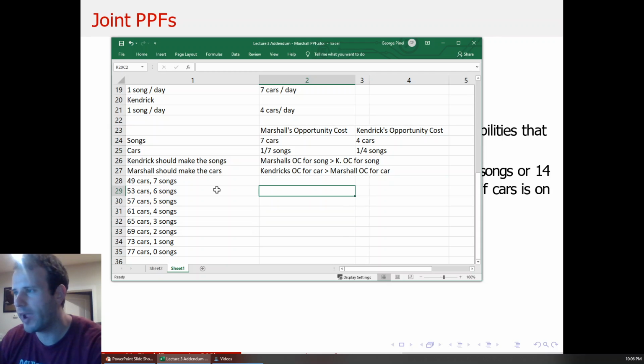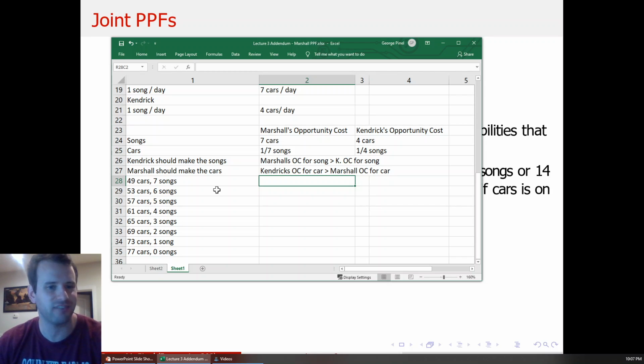Because we could take away some cars and have Marshall do some songs. For example, if they had a deadline where they needed to make 10 songs, and the rest of the time they could spend making cars, right? It should still be the case that Kendrick makes all the songs until he maxes out his time, and then Marshall should chip in and make some of the songs as well, okay?